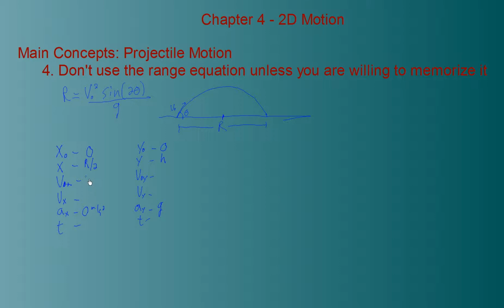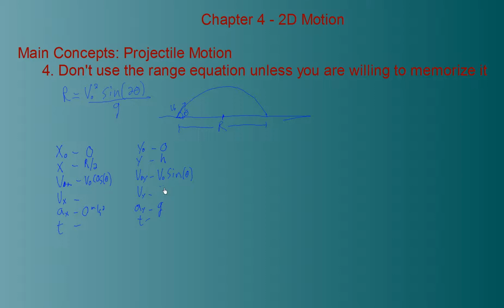And then here we know that the x component of the initial velocity is the initial velocity times cosine of the angle, and the y velocity is the initial velocity times the sine of the angle. That's just this little triangle here. This is the y component, and this is the x component of the velocity.